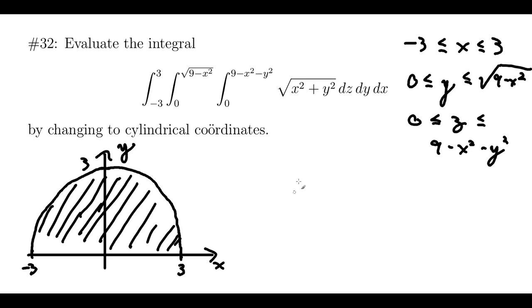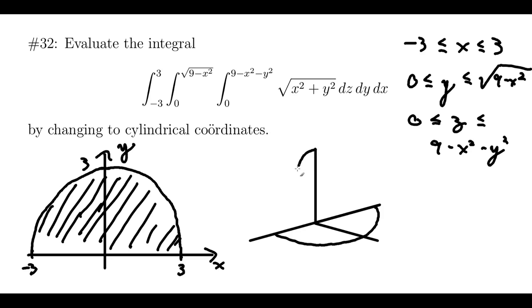If you would like, you can sketch a quick graph of what that looks like. x is going from -3 to 3, and for y we have that circular arc there. In the z direction, we're starting at 9, and we have this minus x squared minus y squared.